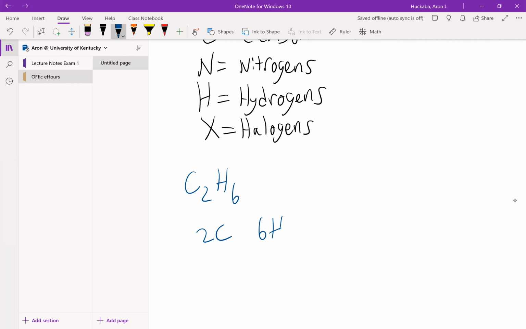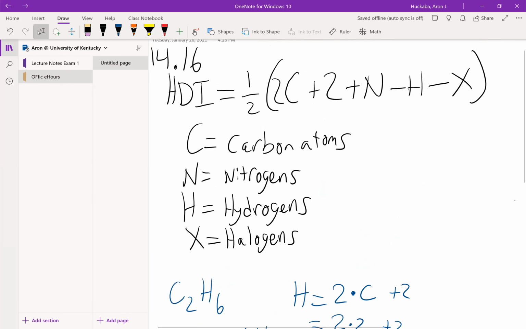A molecule is considered fully saturated, meaning not deficient, if the number of hydrogens is equal to 2 times the carbons plus 2. So if C2H6 is fully saturated and not deficient, it will have 2 times 2 plus 2, which is 4 plus 2, which is equal to 6. So we do in fact have 6 hydrogens with C2H6, so that molecule is not hydrogen deficient. And that's kind of what the hydrogen deficiency index is telling you.